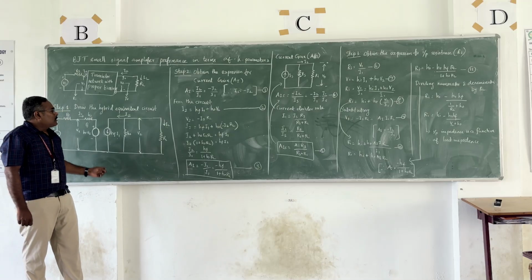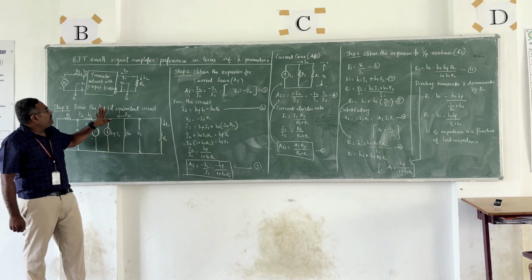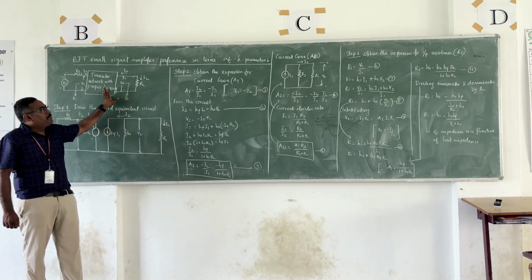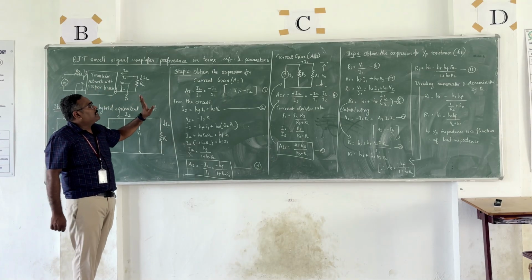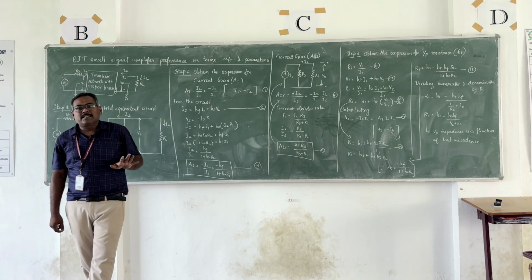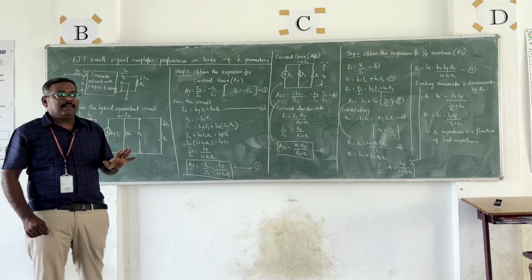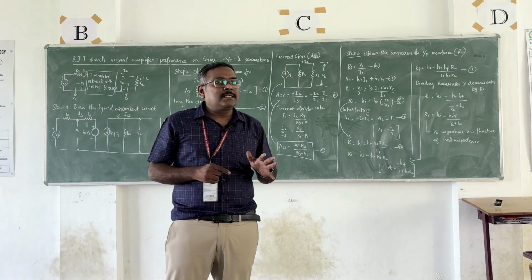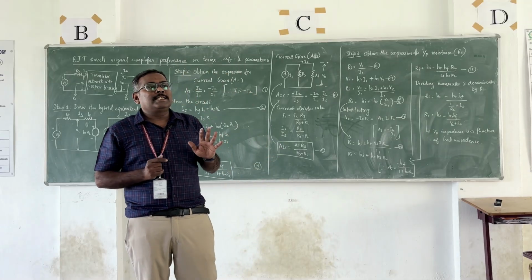Okay, so the first step, we already did the hybrid equivalent circuit for this BJT small signal amplifier. In step 2, step 3, step 4, step 5 and step 6 we are going to calculate the gain, because we already said amplifier is its application. Amplifier in the sense it will increase the voltage and current gain.